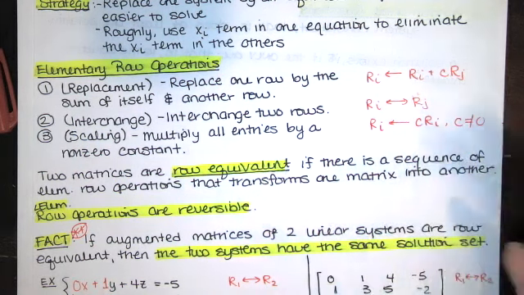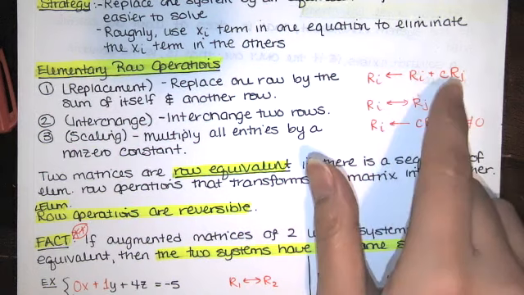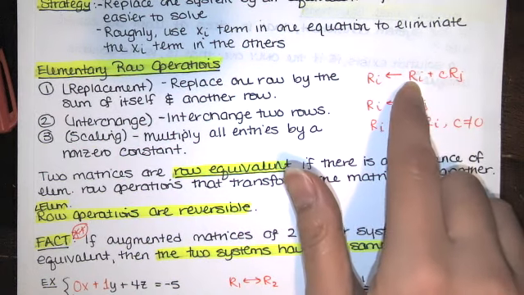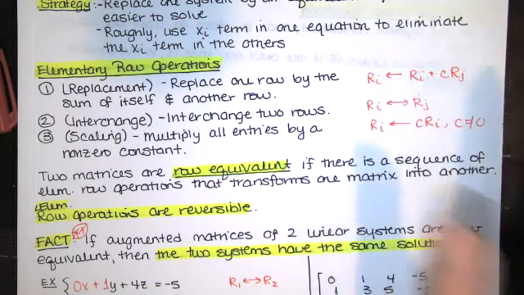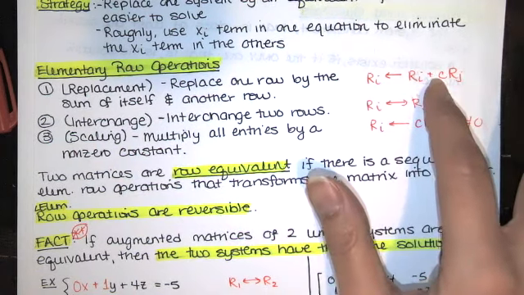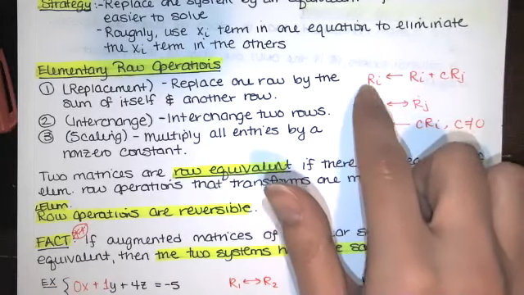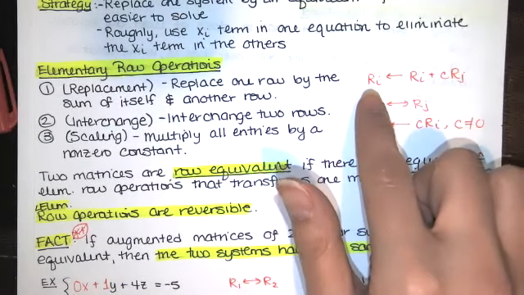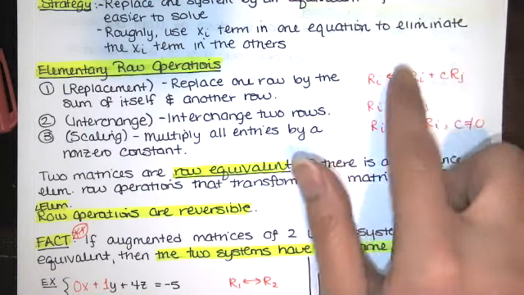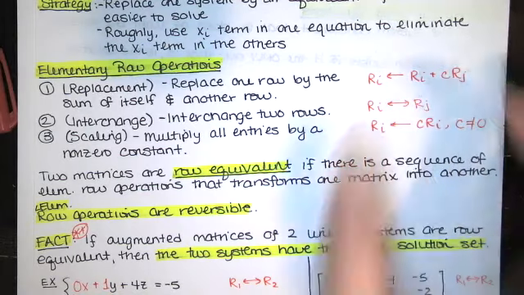Those are all row operations that are equivalent to operations on the equations. So if I'm taking a row and multiplying it by a constant and adding it to another row, that's the same as taking an equation, multiplying it by a constant, adding it to the other equation, and then replacing r sub i, or the equation corresponding to that row, with the equation corresponding to that combination.